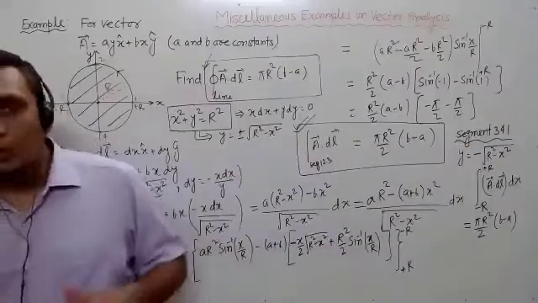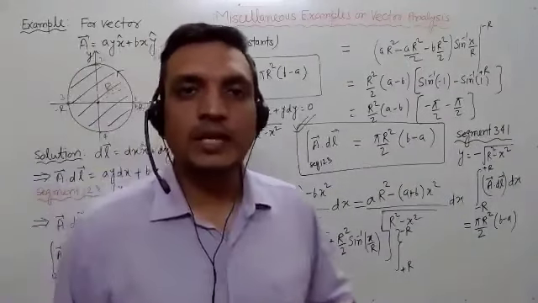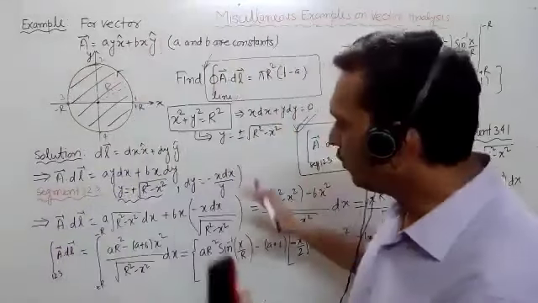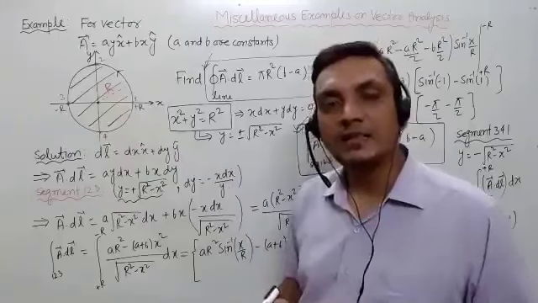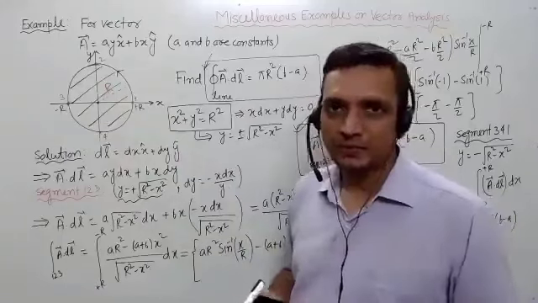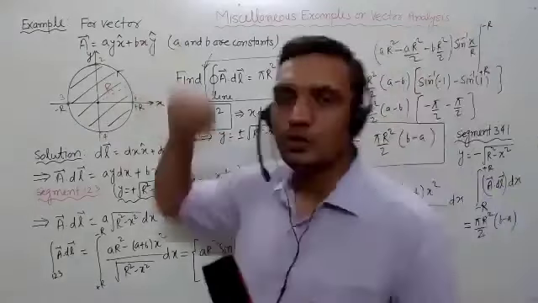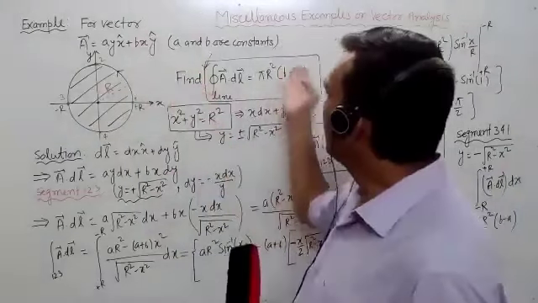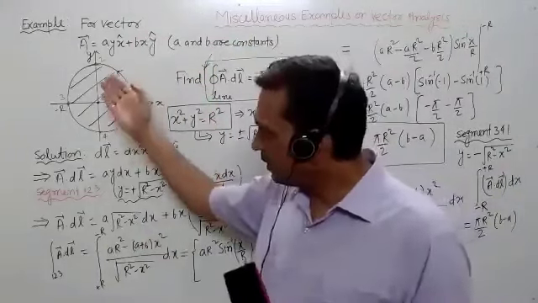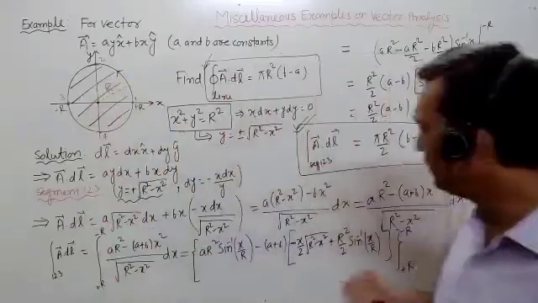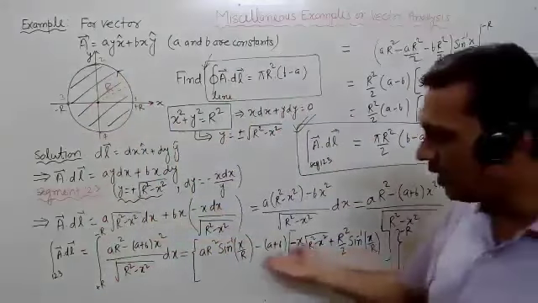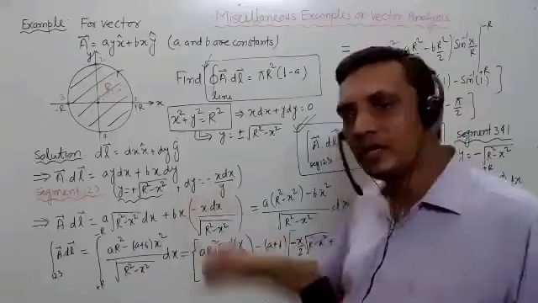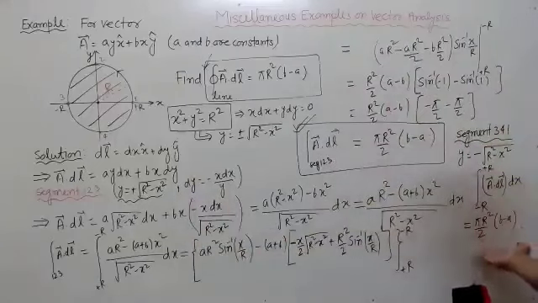But if you know symmetry, you can simplify your calculation. No need to do this, because the circle has cylindrical symmetry. If you have an objective question and you have to find closed a dot dl, you have to do these steps for the upper segment: integrate, put the limit, and similarly for segment 3, 4, 1.